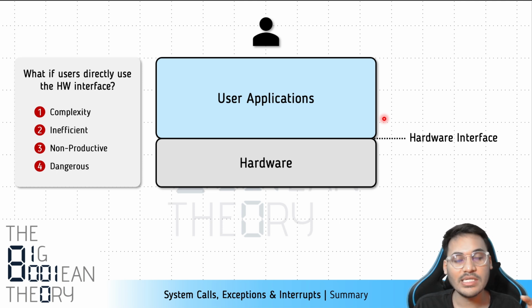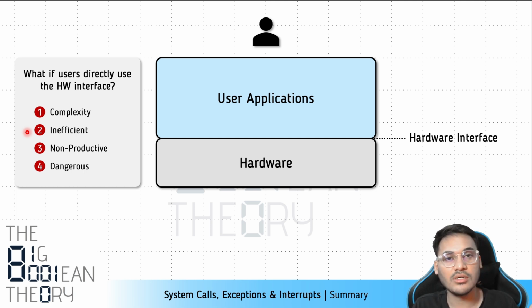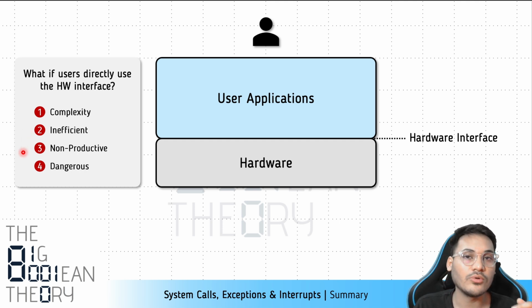We discussed that if user applications are allowed to directly use the hardware interface, then there are several problems with it. First of all, it can become very complex. And it will be inefficient because the operating system deals with the hardware resources in a centralized and efficient manner. It will be non-productive because every programmer will have to write their own routines to deal with the hardware.